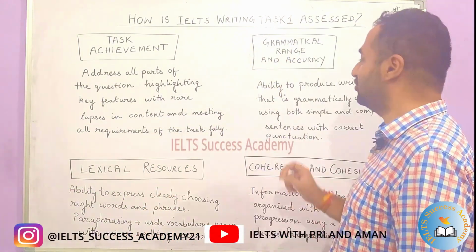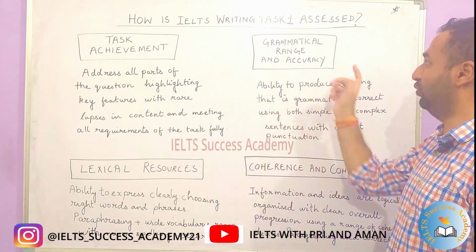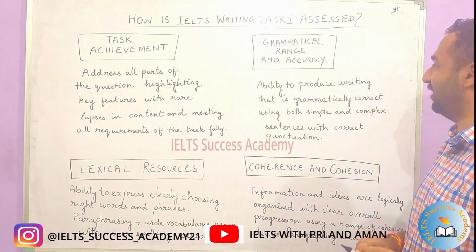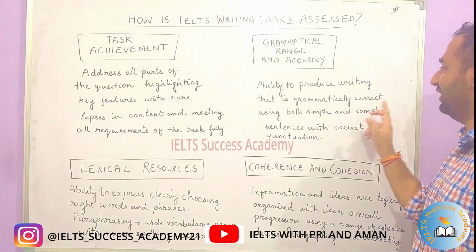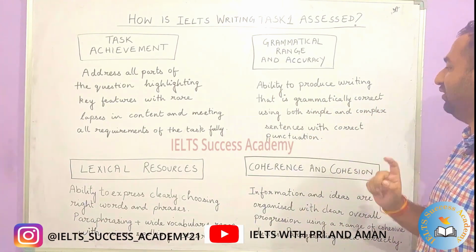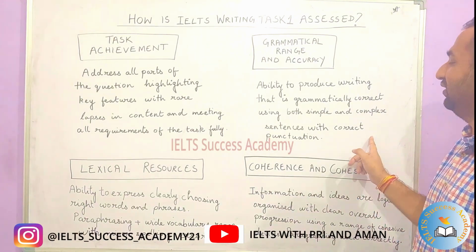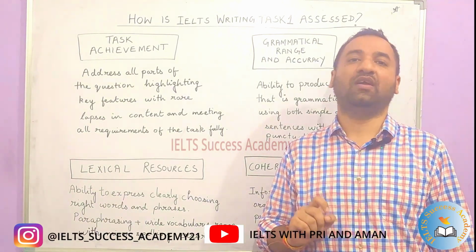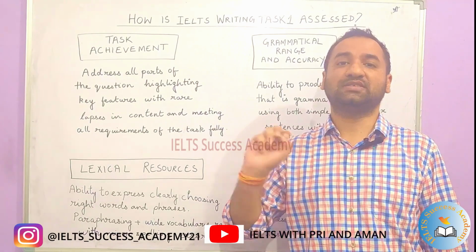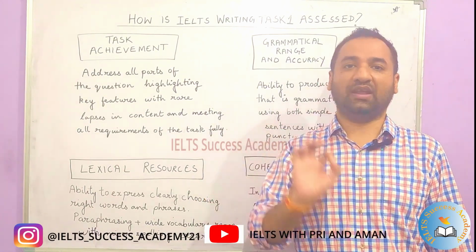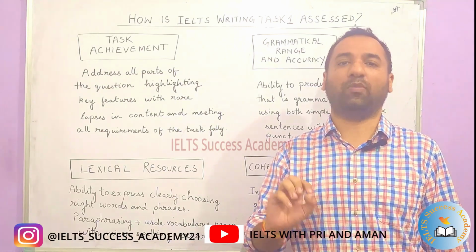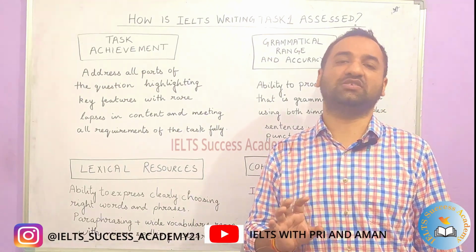Let's talk about point 2, which is grammatical range and accuracy. Ability to produce writing that is grammatically correct using both simple and complex sentences with correct punctuation. Ability to produce sentences that have a meaning, with correct punctuation, that is full stops, commas, apostrophes.